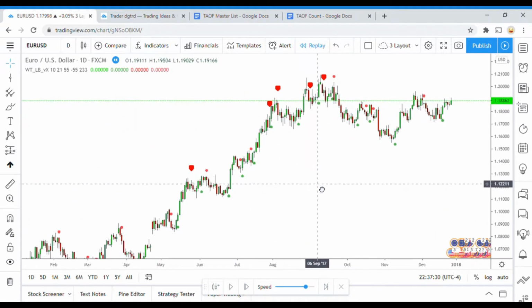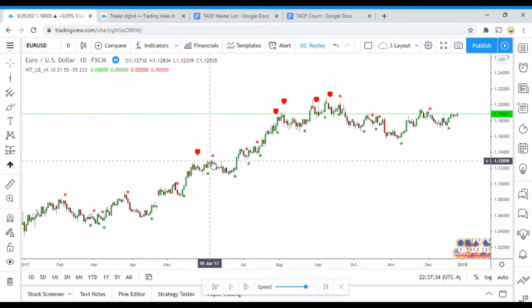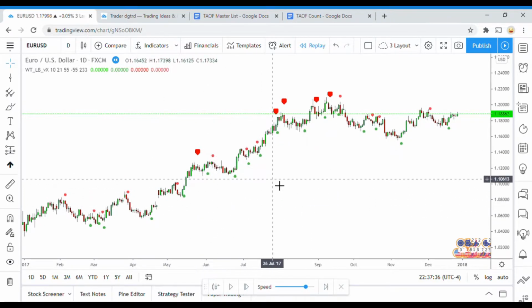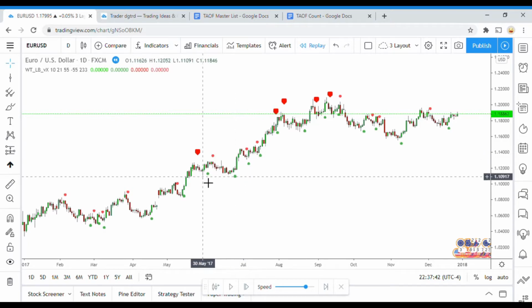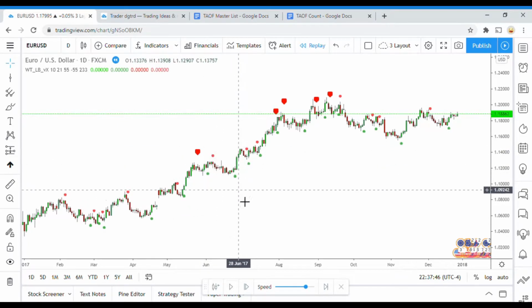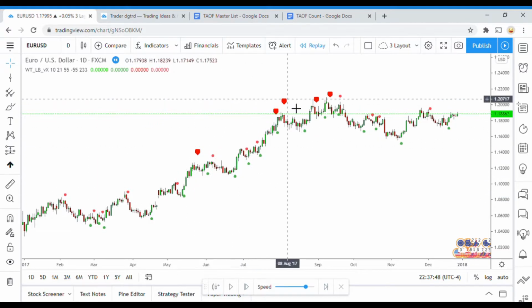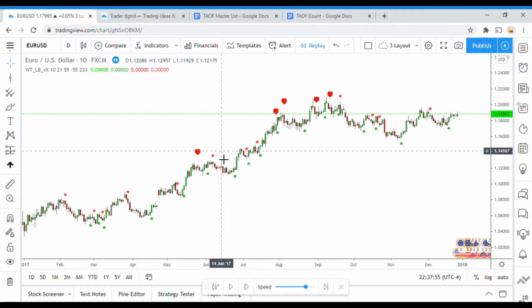Okay, so with all this being said, it's pretty simple. There are these small labels, and the creator of the indicator says that these are potential spots where you could either go short or go long, depending on whether it's a light red or a light green. And then there are the big labels, which are your definite signals to either go short or go long.